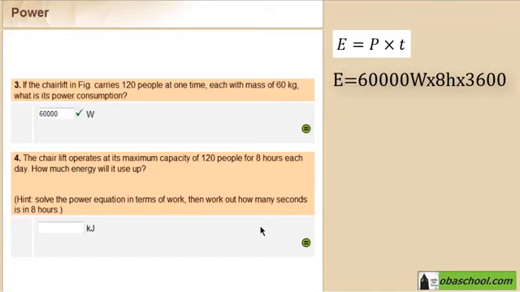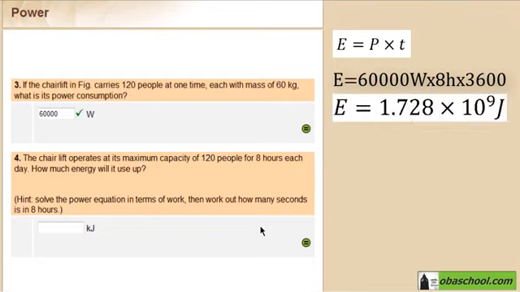Then the equation is 60,000 watts multiplied by 8 hours multiplied by 3,600. The answer is 1.728 times 10 to the power 9 joules.